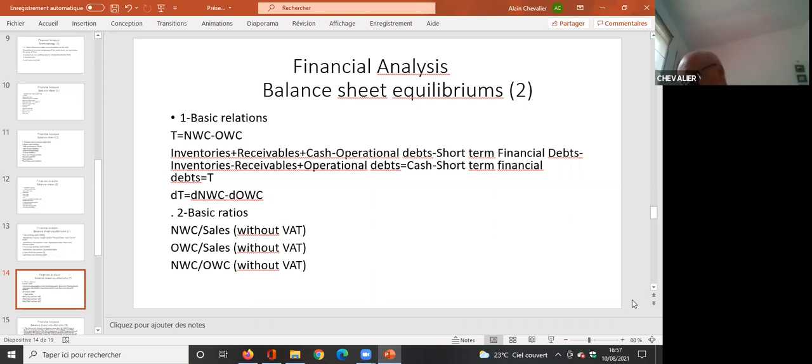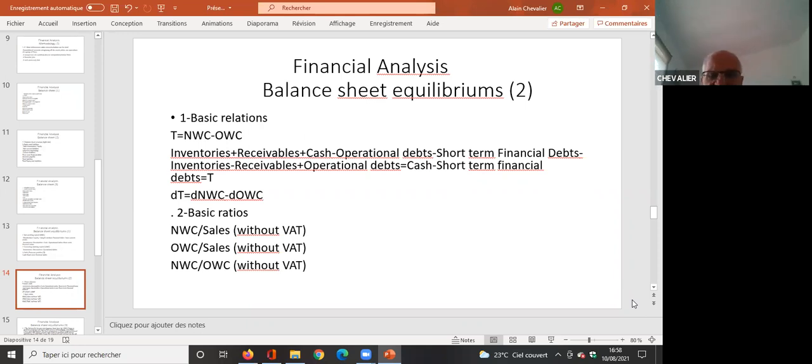And on the contrary, if net working capital over operating working capital is 10%, that means that 90% is financed by short-term loans from the bank, and the company is completely dependent on the banks. So again, you have a trade-off to find between dependence on the bank and the cost of the loans on the one hand, and on the other side, the misuse of long-term financial resources, which can be allocated to investment and not to finance the operations.